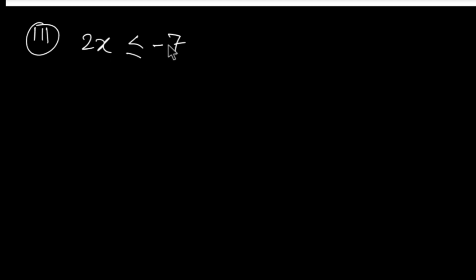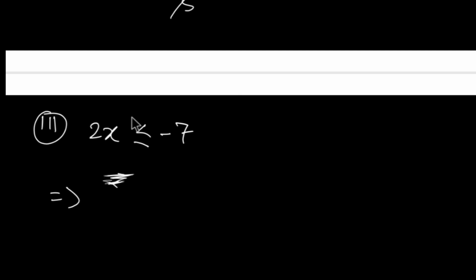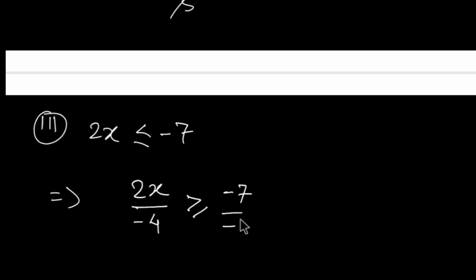So this minus becomes positive: 2x, and we divided both sides by the negative number, minus 4, so the result is greater than or equal to minus 7 by minus 4.